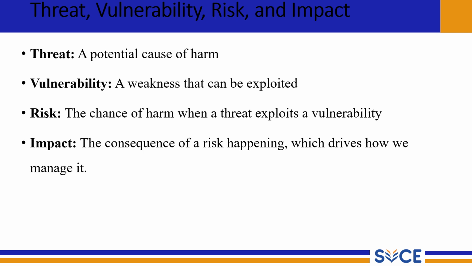These come under vulnerability. Another one is risk, the chance of harm when a threat exploits a vulnerability. For example, there is a high chance a hacker can guess your password, right? Next one is impact, the consequence of a risk happening, which drives how we manage it. For example, your bank account gets emptied.